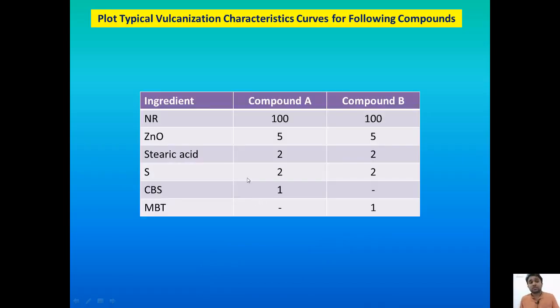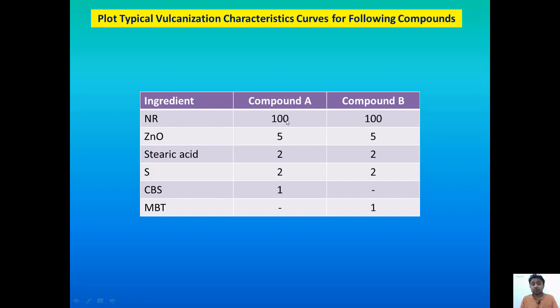This is one example. You have to plot the typical vulcanization curve for these compounds, compound A and compound B. What are the ingredients? Natural rubber, zinc oxide, stearic acid, sulfur, CBS, MBT. CBS is a kind of accelerator, and MBT is also an accelerator.